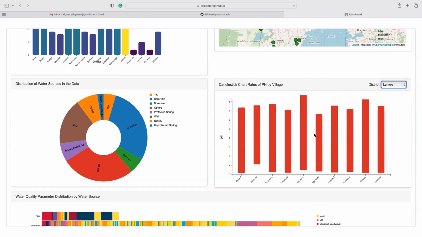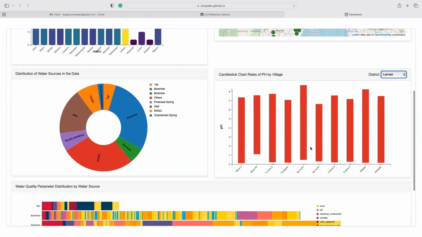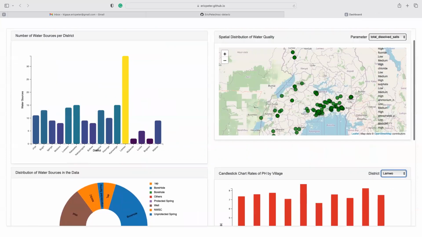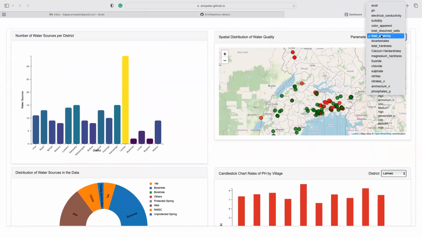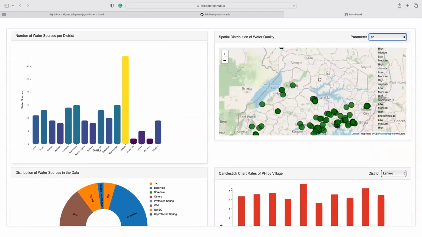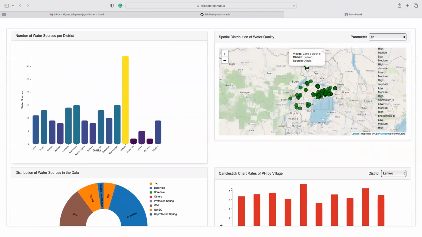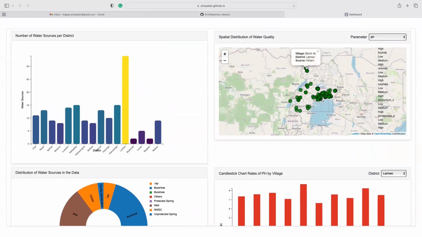So we are using a candlestick chart to look at the rates of the pH on the village level per district. This helps us to understand that in areas with high pH, probably the water is of good quality according to the visualization on the Ugandan map.